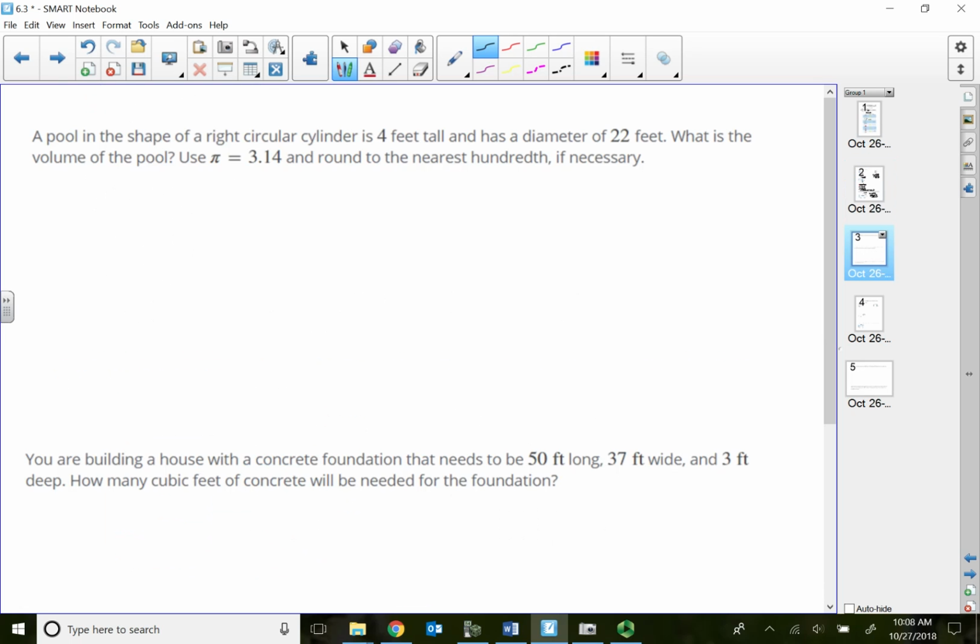Let's try some word problems here. A pool in the shape of a right circular cylinder is 4 feet tall and has a diameter of 22 feet. What is the volume of the pool? This is the same formula as earlier. I have a right circular cylinder, so it's pi r squared, area of the base, times the height. The problem told me the diameter is 22 feet, but the formula calls for the radius. We know the radius is half the diameter, so that must be 11.